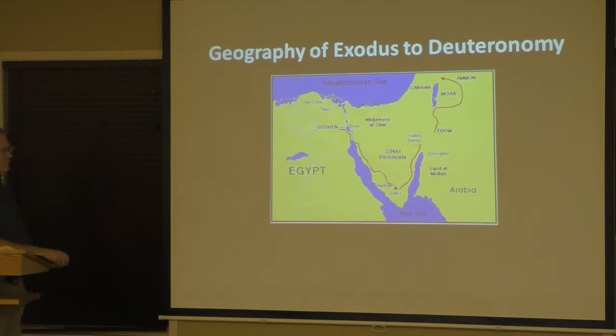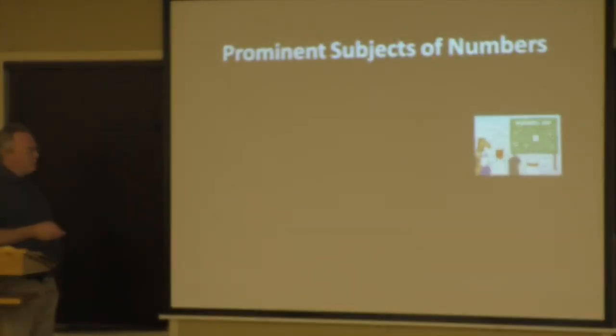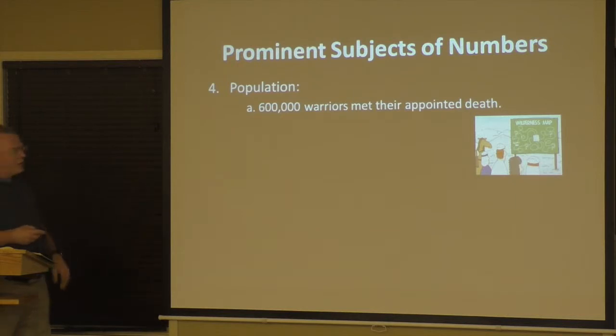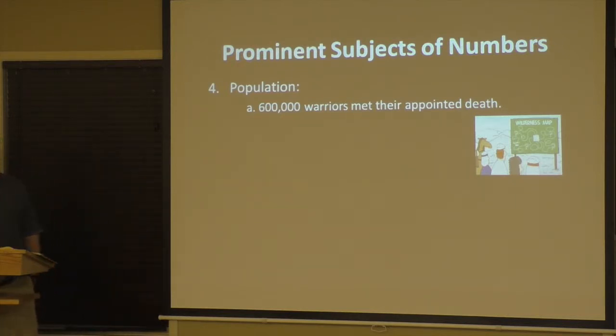What were the people thinking as they're going round and round and round? These are quite the nomadic people. They never settle down. They just keep on moving somewhere without seemingly any rhyme or reason. As far as the population was concerned, we have 600,000 warriors who met their appointed death, along with their families, if they had any.